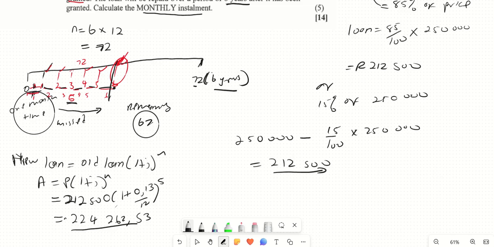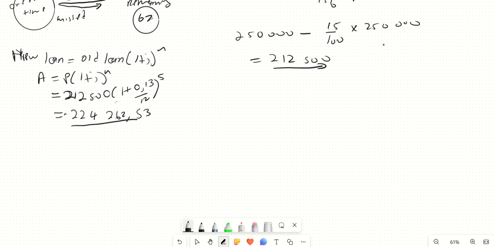Out of these 6 years, which is 72 months, there are 5 which are missed. Therefore 67 installments remain. That's why I wrote here remaining installments. You must know that every time installments are missed, we should have a remaining number of installments. When I add the missed and the remaining, they must give me the total number of months to be repaid.